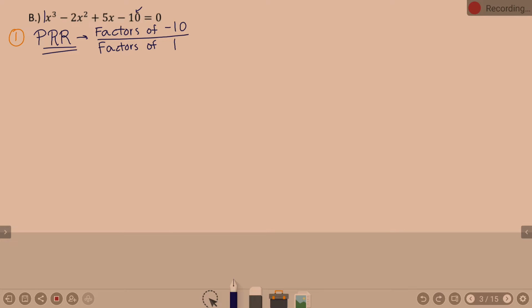Okay, so constant. And I'm not saying you need to be labeling these, but I keep labeling them as a reminder. Lead, constant. Okay, factors of negative 10. What do you got for me? 1 and 10. 1 and 10? 2 and 5. 2 and 5. That's it, and all of those we're going to say plus or minus.